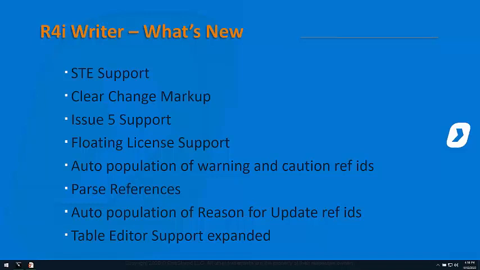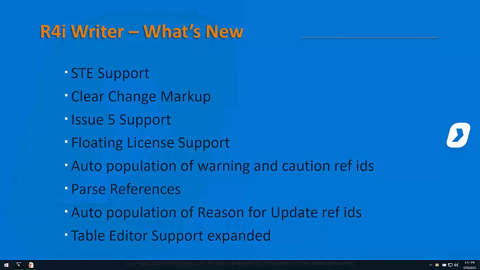The next new function that came through with R4i Writer is, as we know, if we're using our warning and caution refs functionality inside our data modules, we have to then actually populate those IDs inside the content. So up until now, you've literally had to copy and paste that information through.